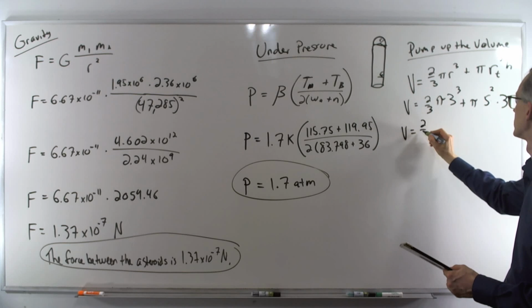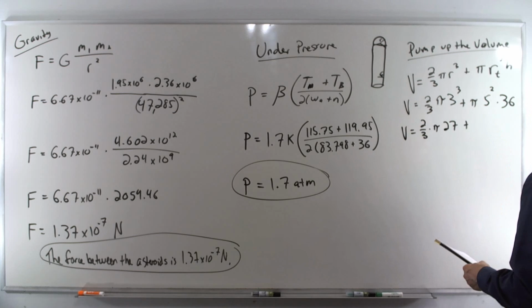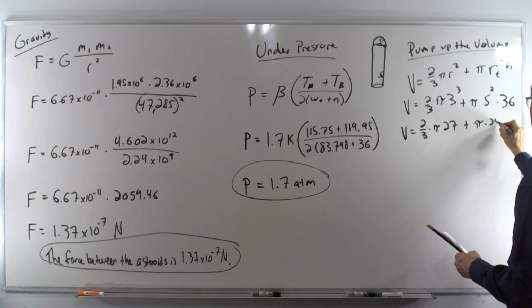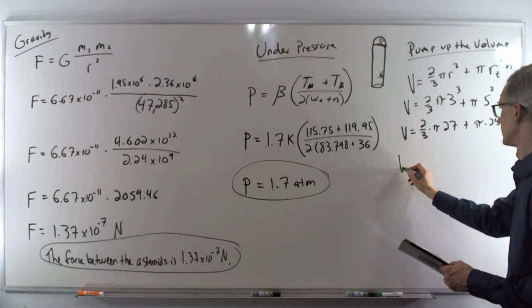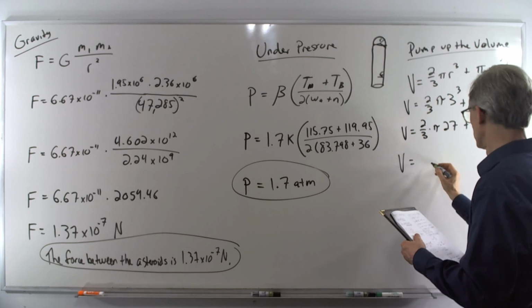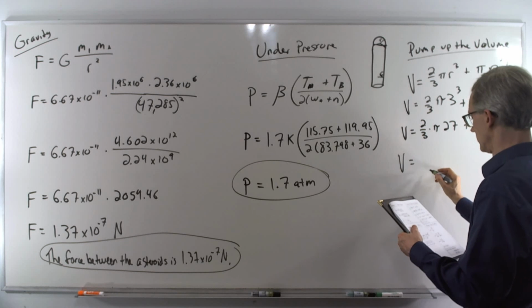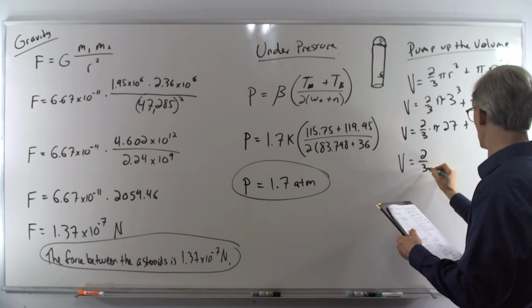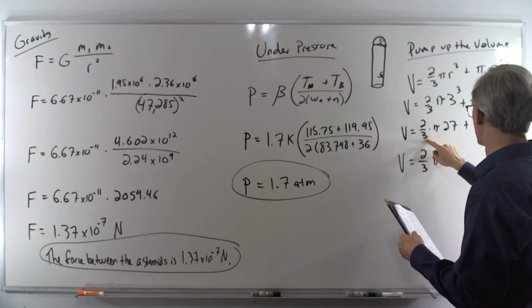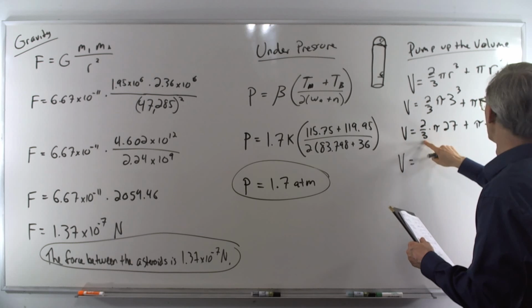So we've got 2/3 times pi times 3 to the third, which is 27, plus 5 squared, which is 25, and 36. Okay, 27 divided by 3 is 9, and then times 2 is 18.